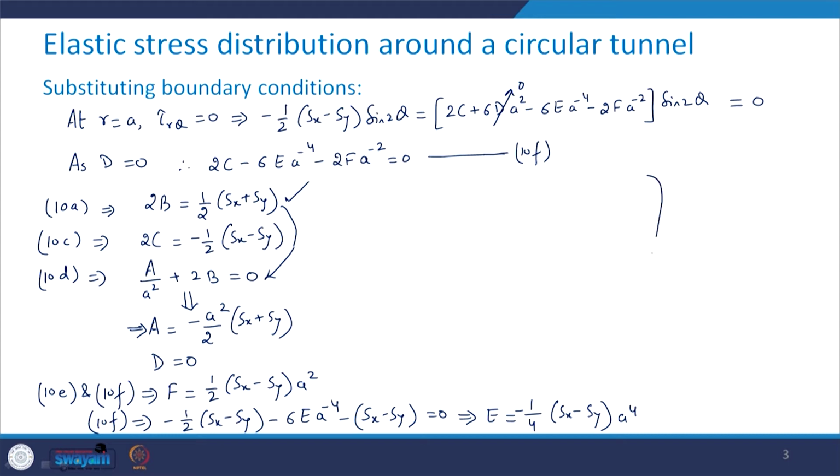So, I write all these equations in a combined manner as equation number 11.